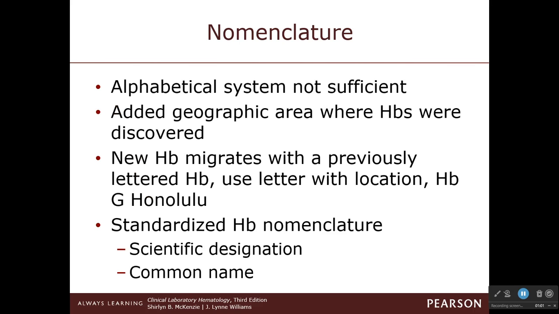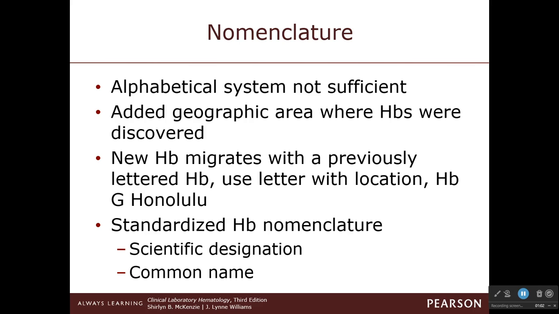How many variants are there? 1,100. There are 1,100 different hemoglobin variants in the world that we know about, and that was in 2014. I don't know how many there are today, because our technology advances have led us to discover other variants. How many letters do we have?